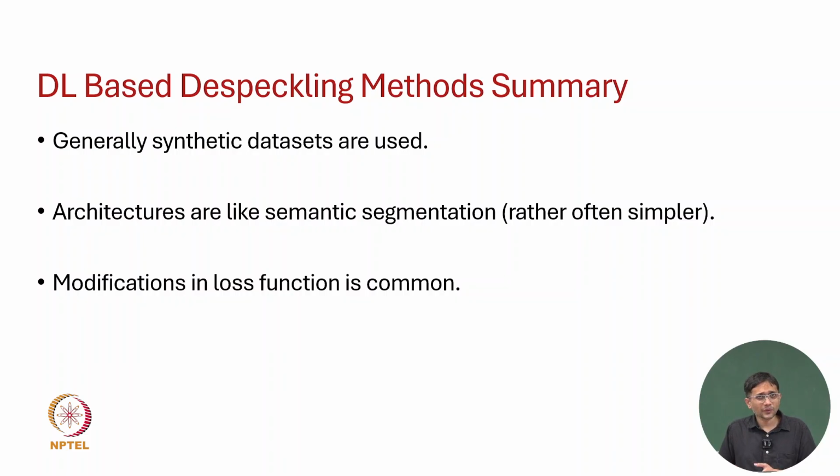I'm saying shallower, I'm not really saying one layer or something like that. However, if you are doing semantic segmentation on a computer vision data set, you might be using many layers, could even go up to 50s or 100s, which is most of the time not the case if we are talking about despeckling.